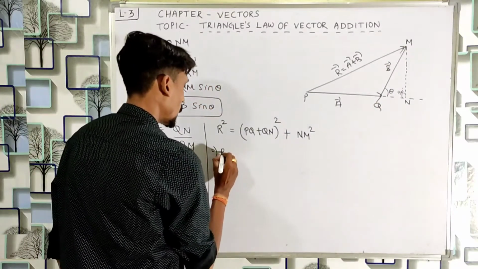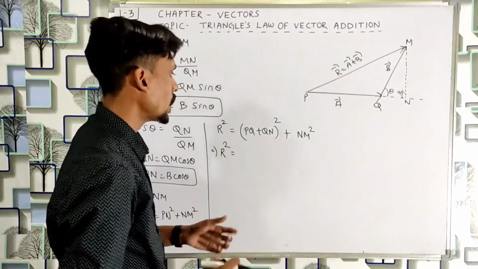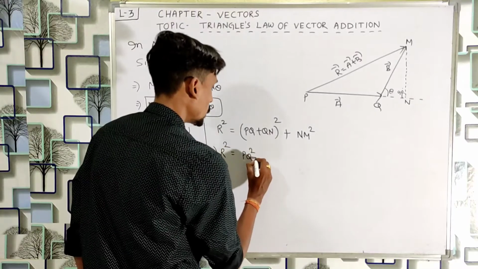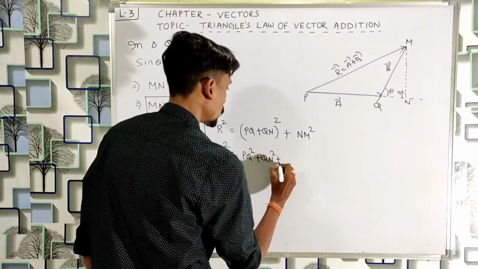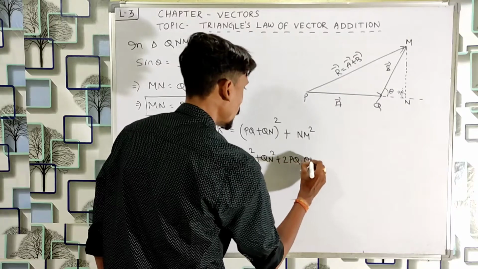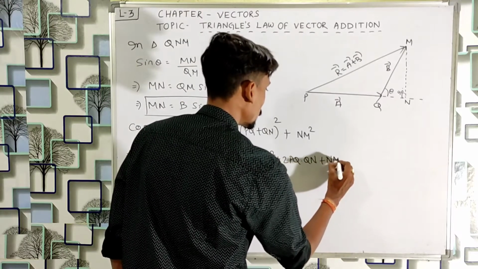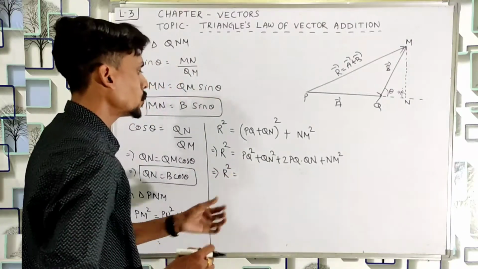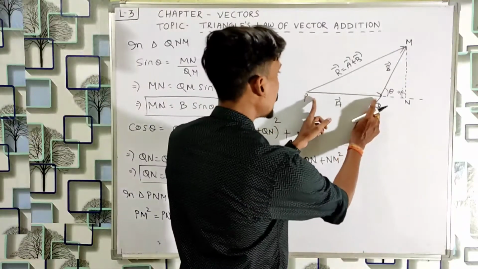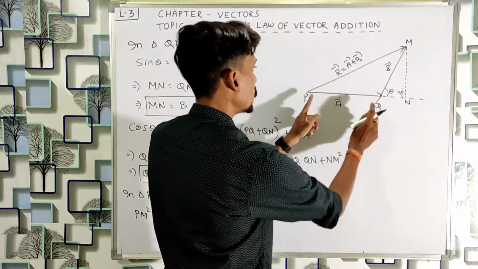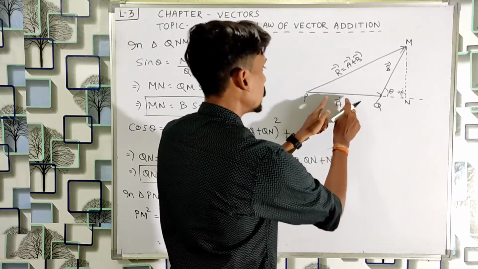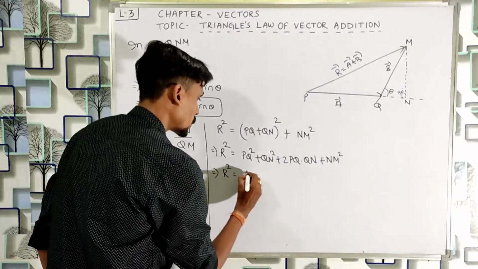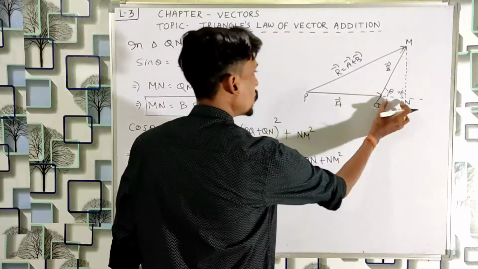That implies r square is equal to, now let us apply a plus b whole square formula. So this will be equal to PQ square plus QN square plus 2 into PQ into QN plus NM square. That implies r square is equal to, what is PQ? PQ is the length of this side which represents vector A. So the length of PQ will represent the magnitude of vector A. So PQ square means A square plus, what is QN?